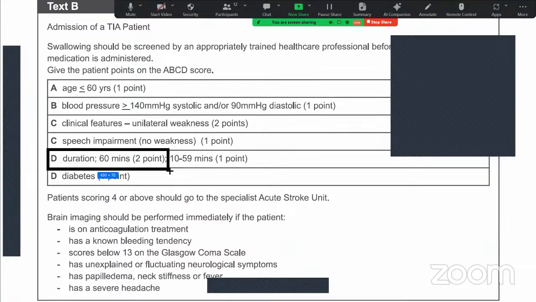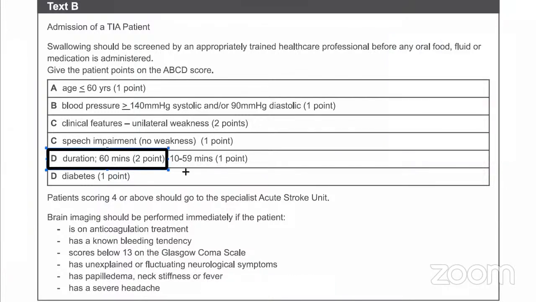So this is it. Till here only. 10 to 59 minutes, 1 point. But 60 minutes and above, 2 points. That's it. So you confused here, na? 10 to 59 minutes, that you confuse. Simiyat. Patience.